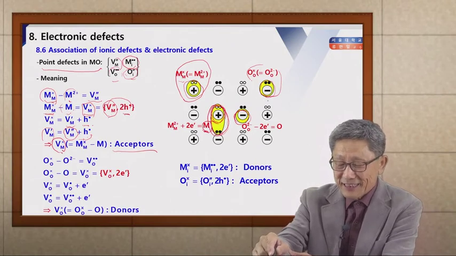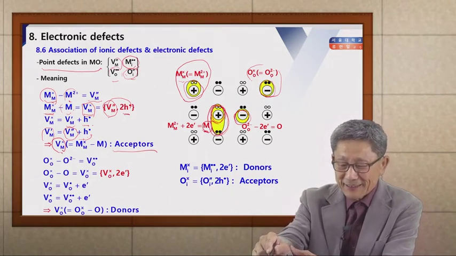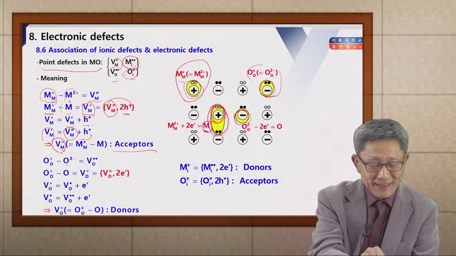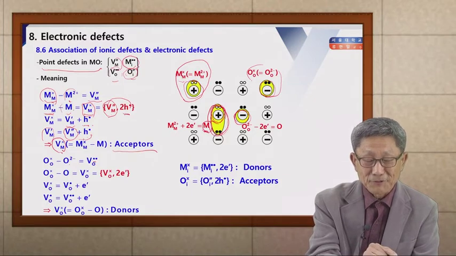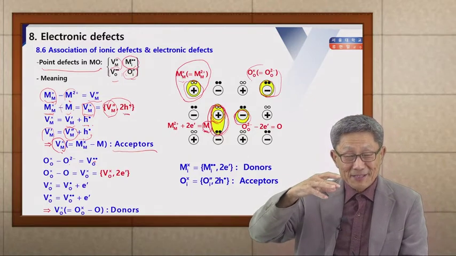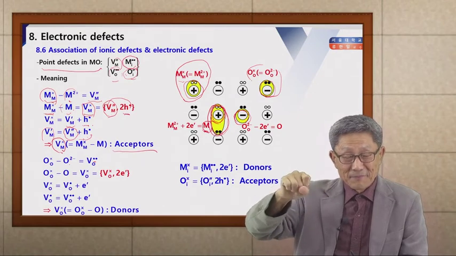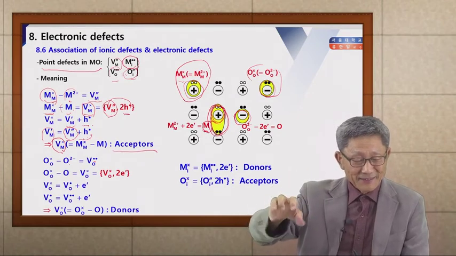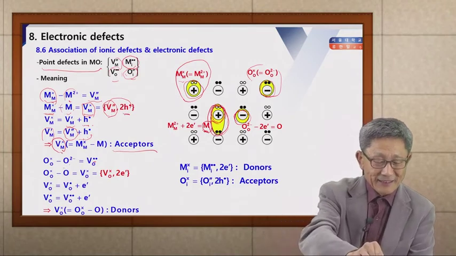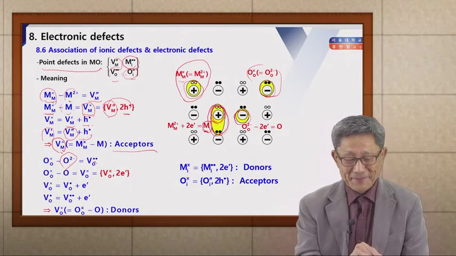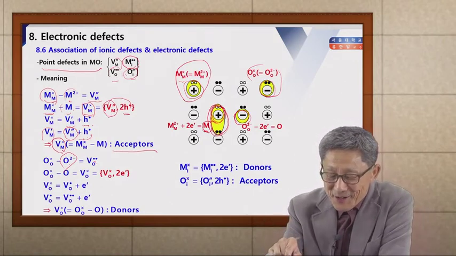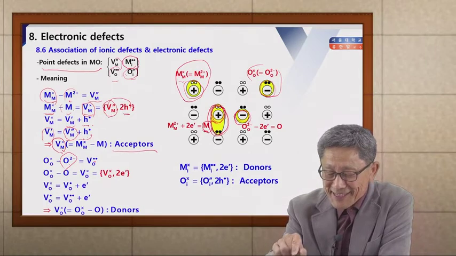This is an anion. If you remove this anion, or 2 minus, then you end up with the missing anion with the effective charge of +2, because your crystal is now missing the divalent anion, therefore effectively positively charged. Now suppose that you remove this neutral oxygen instead.